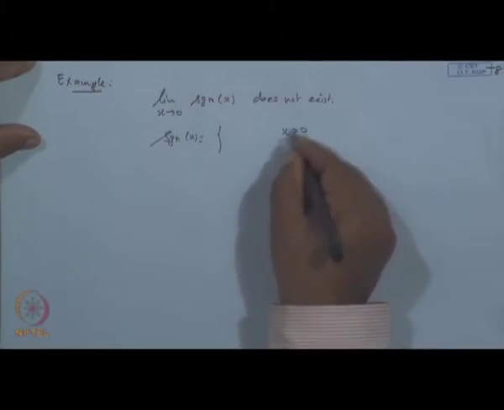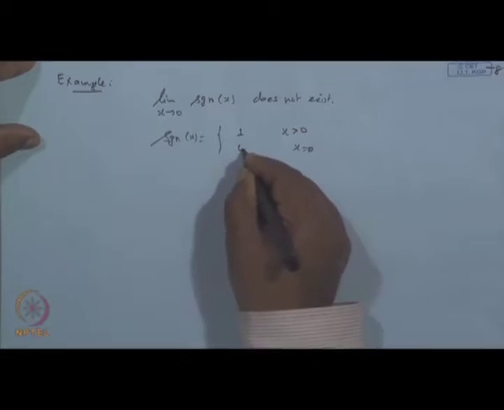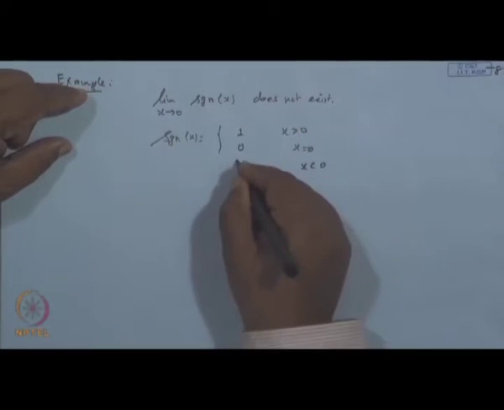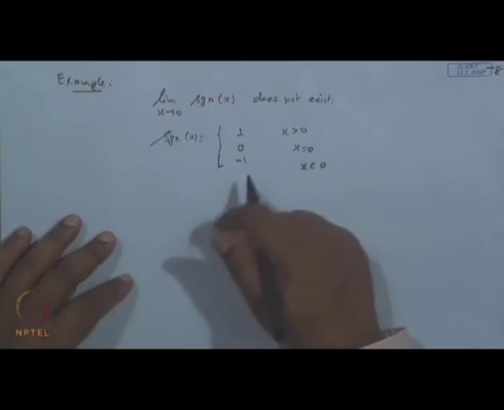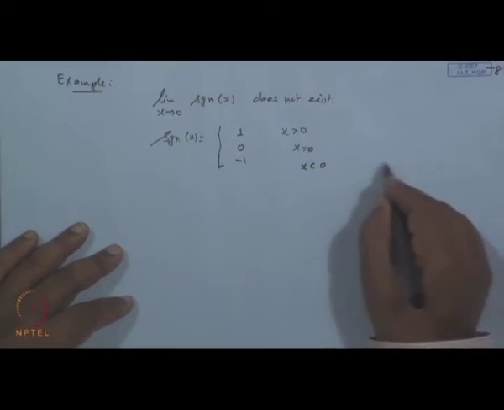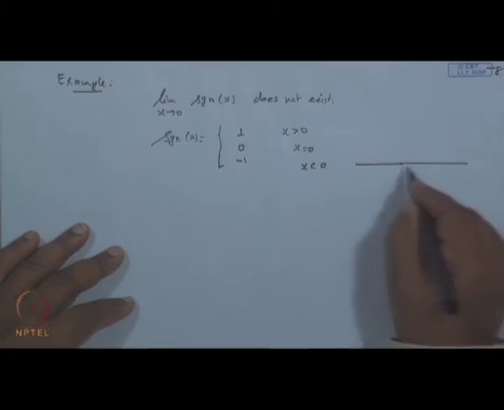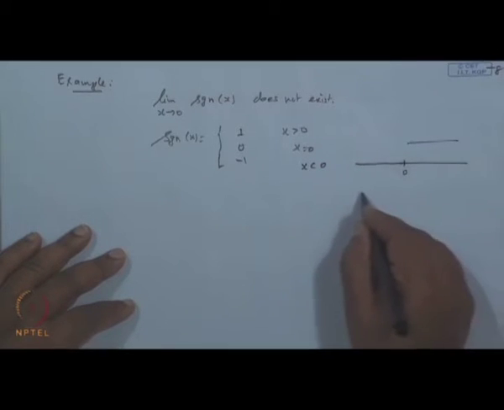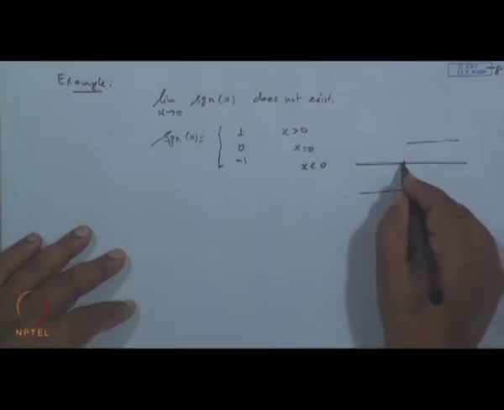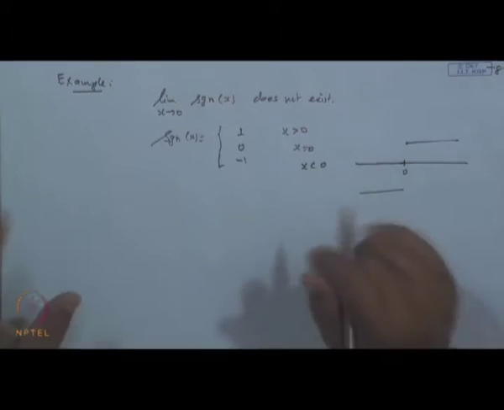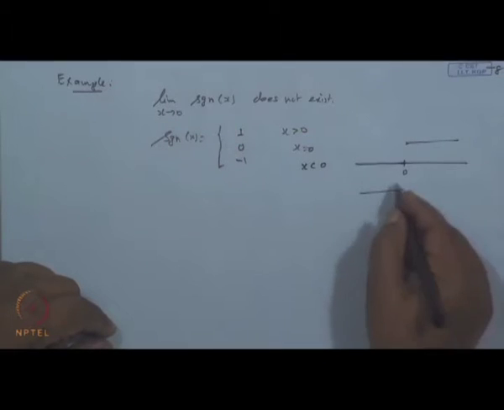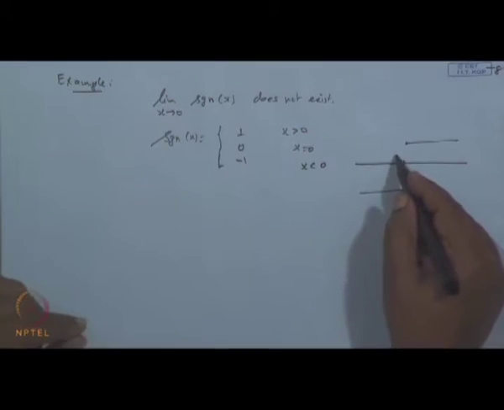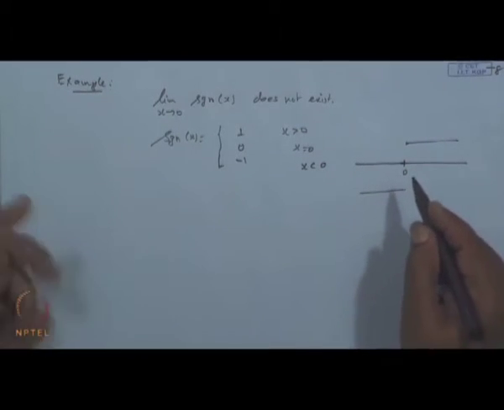So, when x is positive, the value will be 1, when x is 0, the sign we consider just 0, and when x is negative, we put it to be -1. So, this is the signum function. The limit of this signum function when x approaches 0 does not exist. When we approach from the left hand side or from the right hand side, the limit will not come out to be the same.